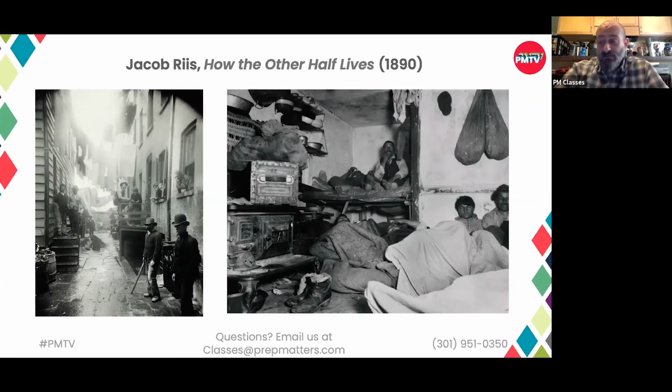This includes ever larger numbers of women working as domestic servants, in department stores, in family businesses, and in any number of other places. You also have a rather large child labor force. 10% of girls, 20% of boys between the ages of 10 and 15 are working. By 1900, 1.7 million children under the age of 16 are employed.